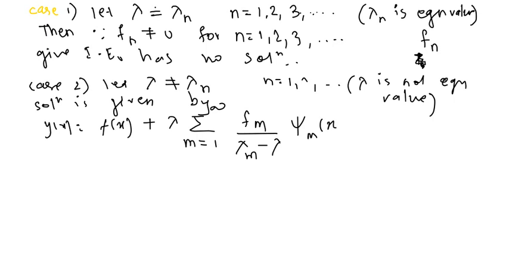So f of x is what? f of x was x plus lambda summation m going from 1 to infinity.